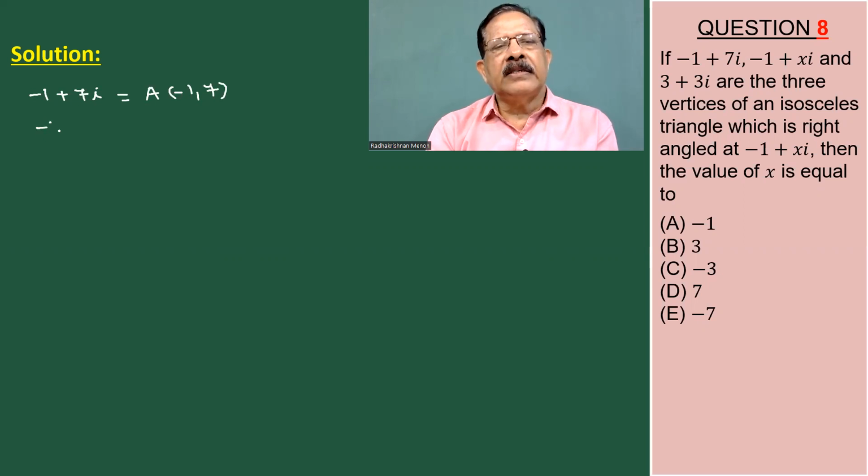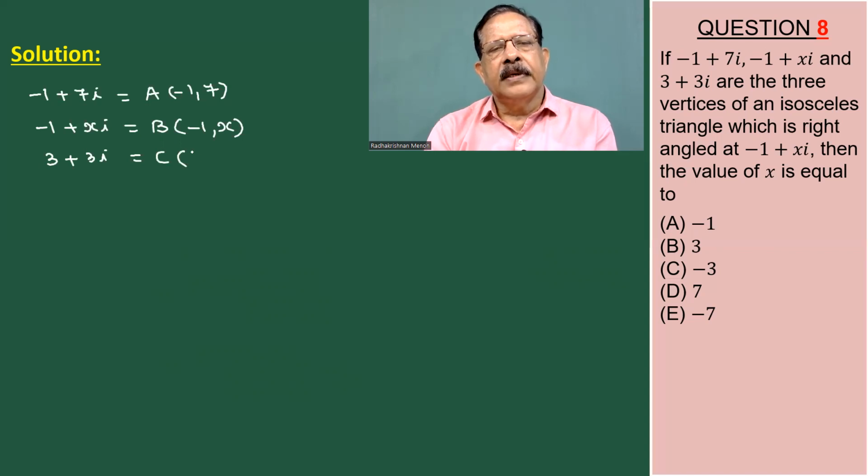Now minus 1 plus xi. Let's call this point B, minus 1 comma x. And the third one, 3 plus 3i. Let's call this vertex C. The coordinates are 3 comma 3.